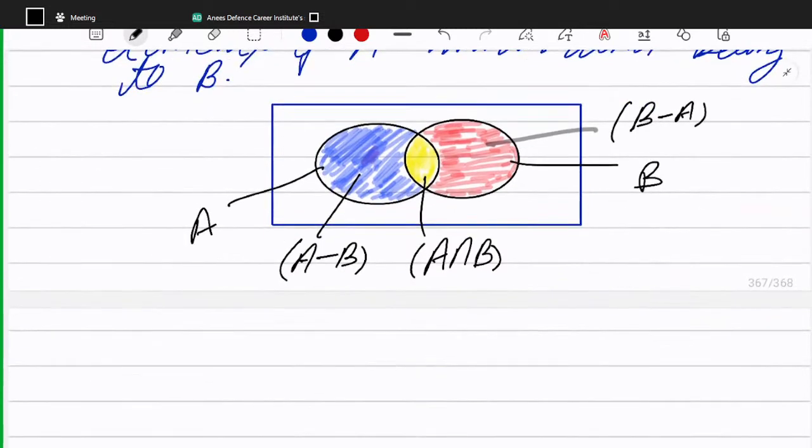I'm taking an example. How can you do minus between two sets?